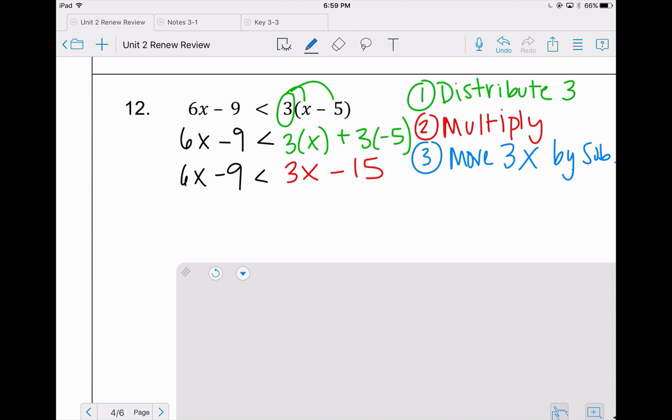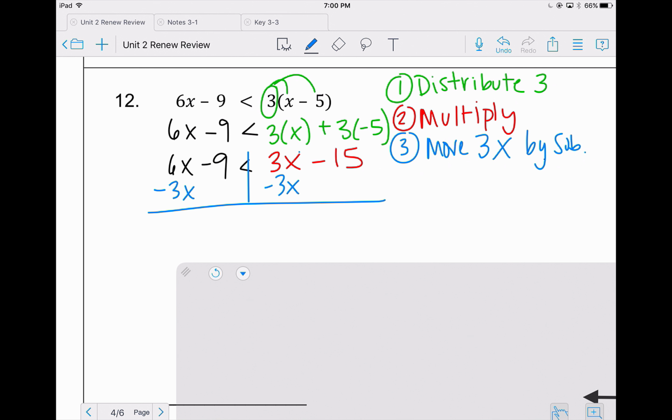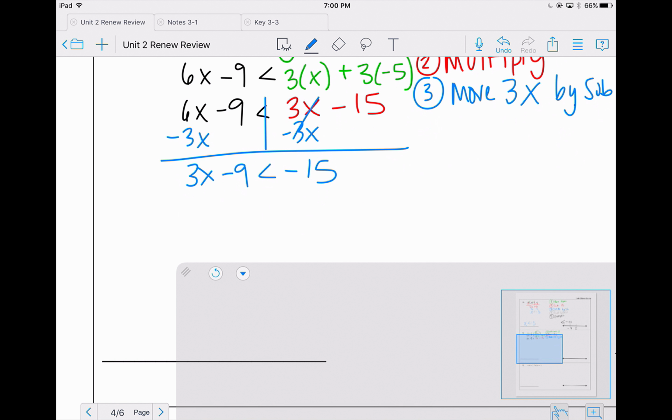So I have 3x and 6x. Again, pick on the smaller guy. I'm going to move it through subtraction because that is the opposite. So 3x minus 9 less than -15 all stay the same. So 6x minus 3x is 3x. Just make sure you watch your signs.